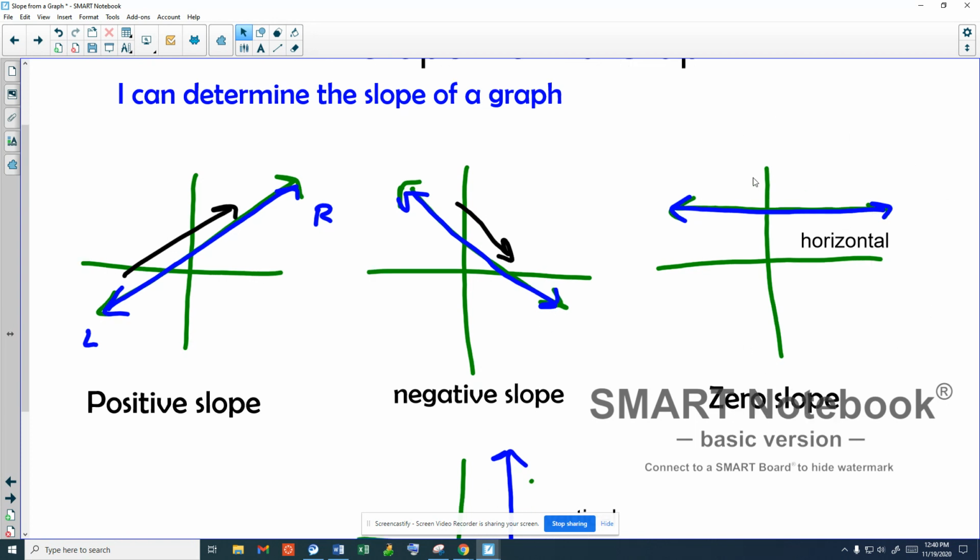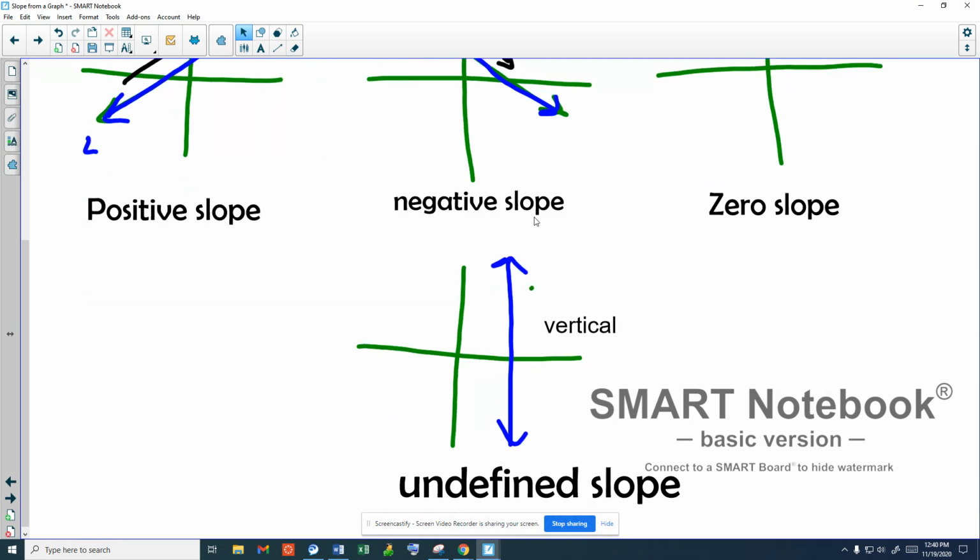Now, we also have two others. You could potentially have a horizontal line, just straight here. This means the slope is going to be 0. Or you can have a vertical line, straight up and down, which means the slope is undefined. That means the x values are the exact same.